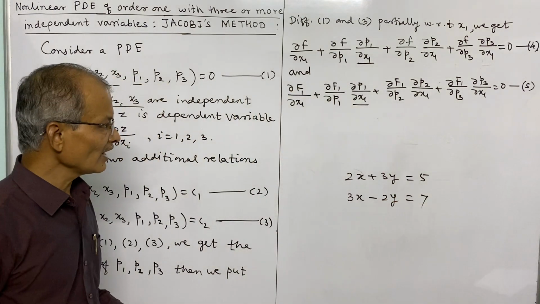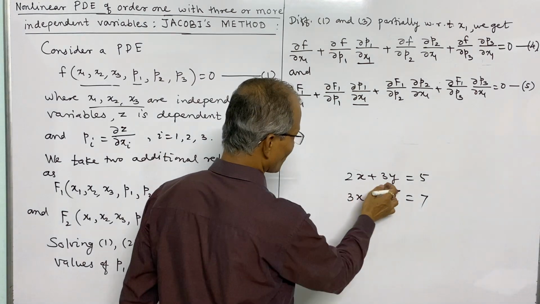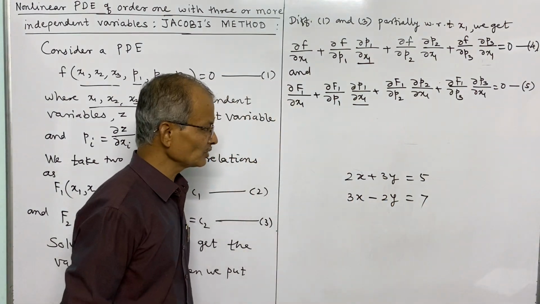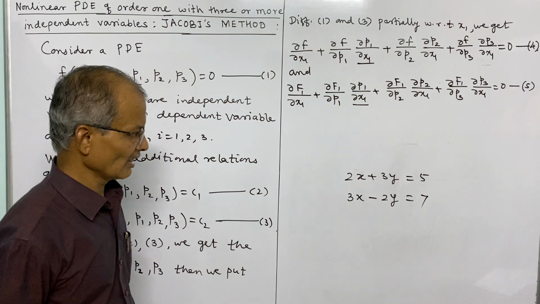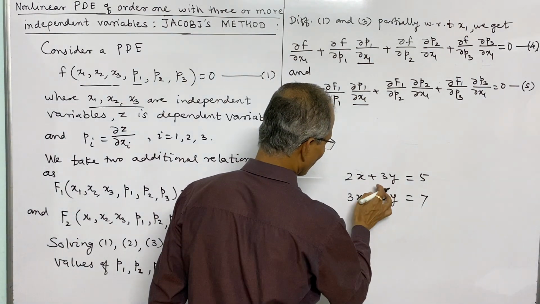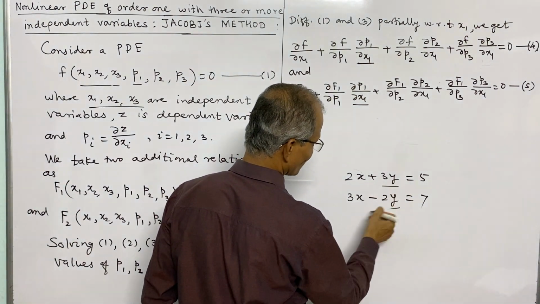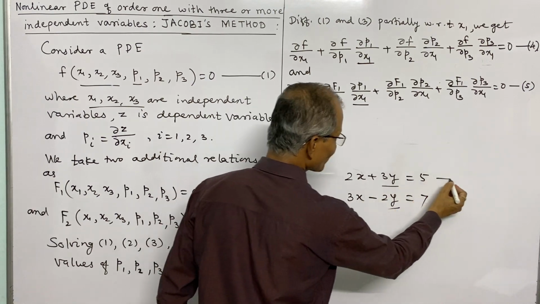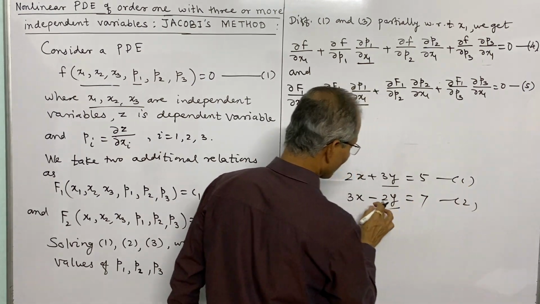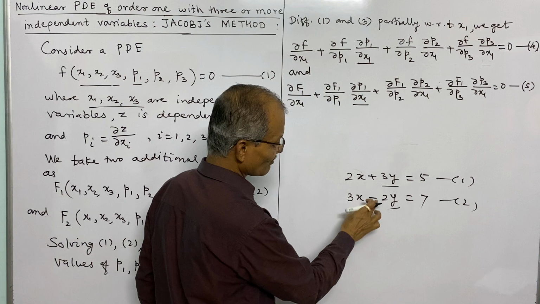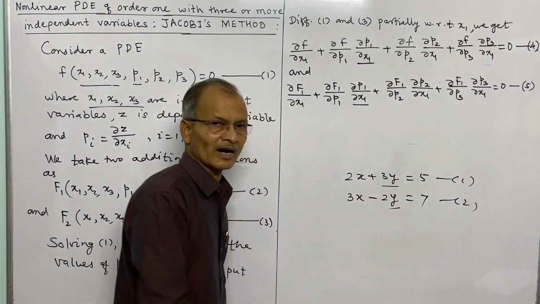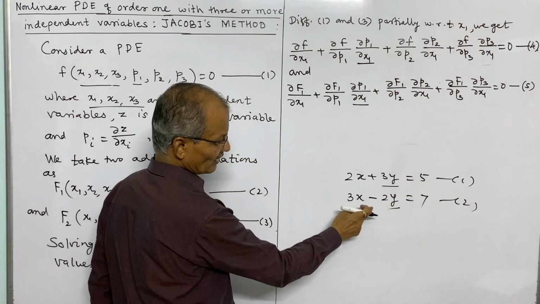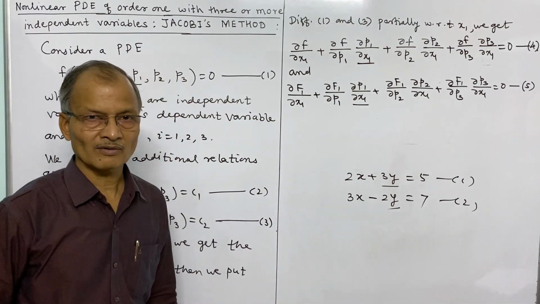So when we want to eliminate x or y, their coefficients should be made equal. For suppose we want to eliminate y, we multiply the first equation by 2, multiply the second by 3, and then we add it. If there are opposite signs, then we add it.